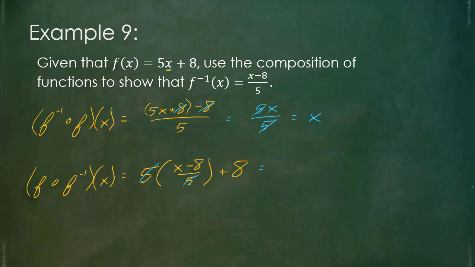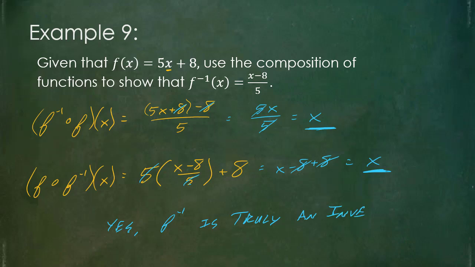Well, the minus 8 plus 8 should cancel, and that should just leave x. So since this one turned into x and the first one turned into x, I can now say, yes, f inverse is truly an inverse of f.